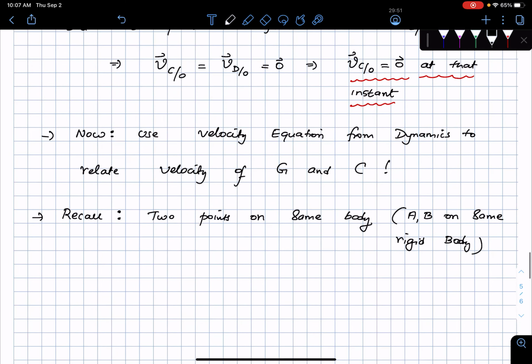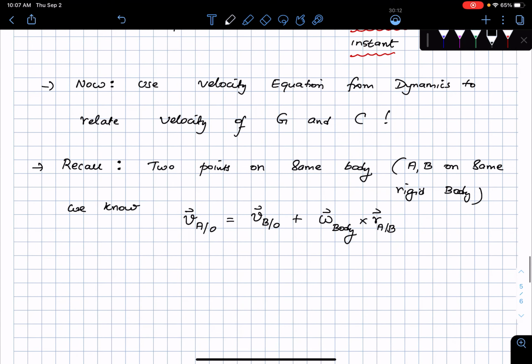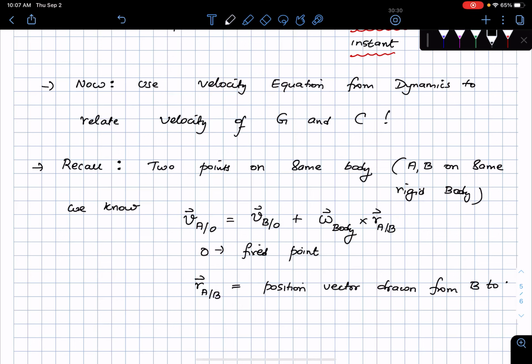Then we know the velocity of A with respect to some fixed observer is the velocity of B with respect to some fixed observer plus omega of the body crossed with the position vector from the point B to the point A. I'm going to call it R A slash B. So here O is a fixed point, and R A slash B is the position vector drawn from B to A. This is based on undergraduate dynamics.